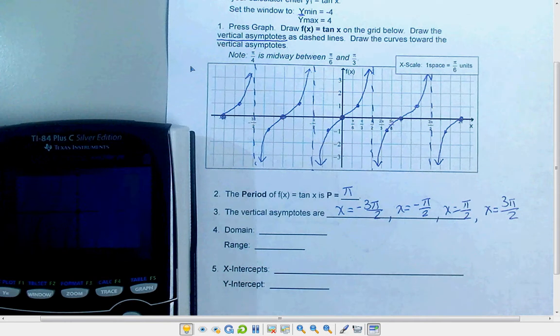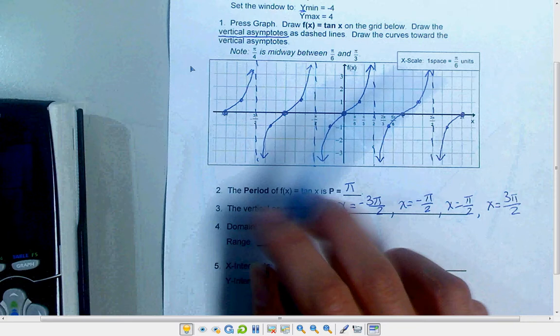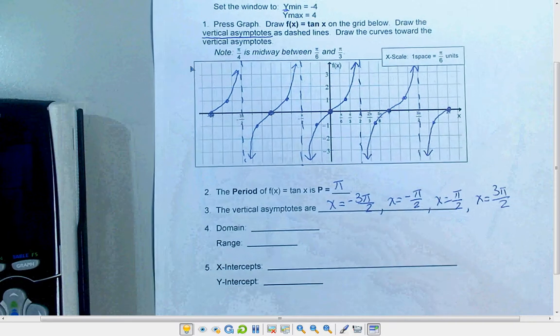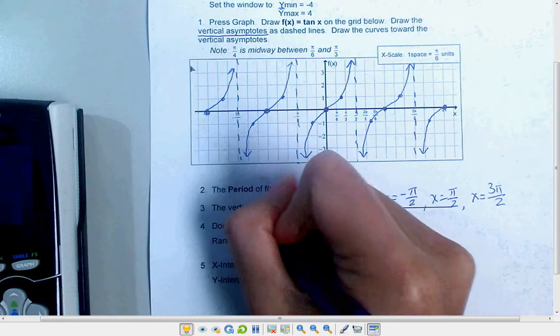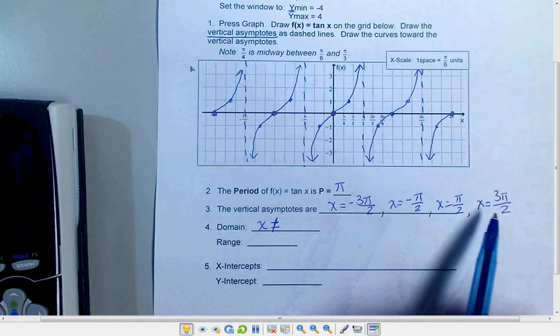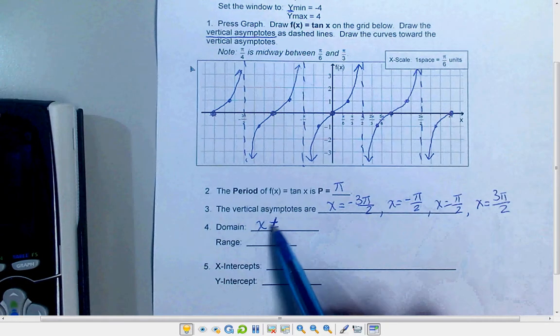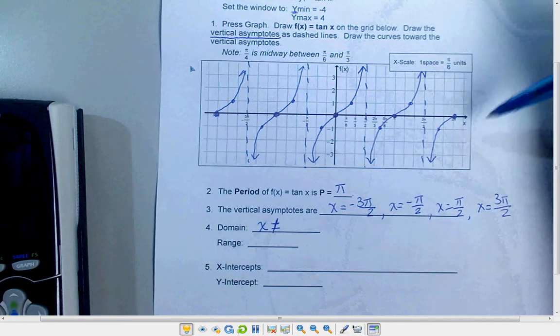So our domain this time is different because it does not include all of the x values. The vertical asymptotes, because they're points that it never actually touches, those are not included. So your domain is all real numbers except for all of the vertical asymptotes. So x cannot be equal to, so equal with a slash through it, any of these, which we know are going to go on and on forever.